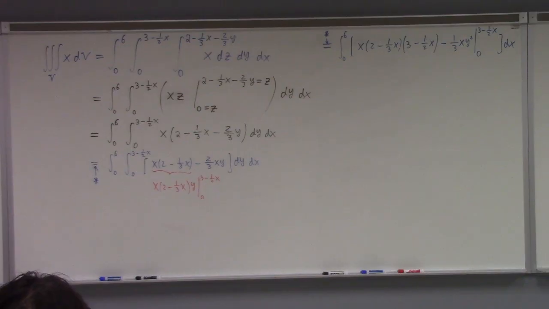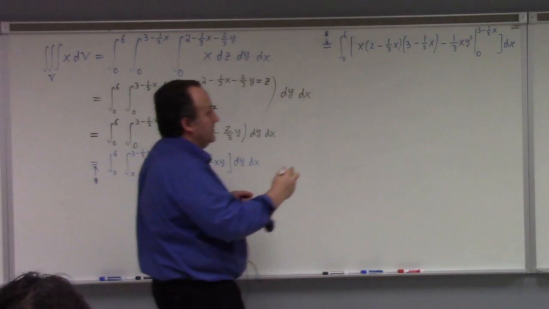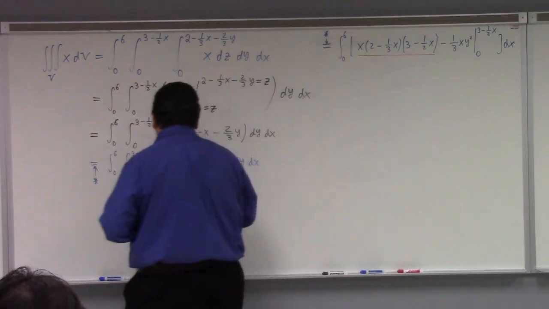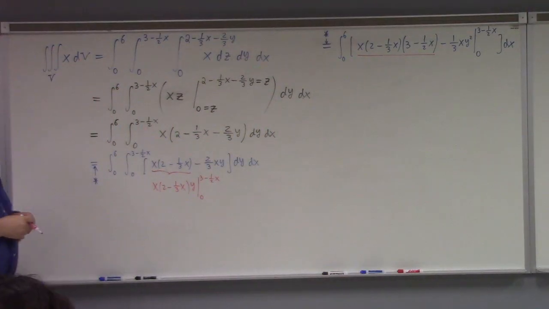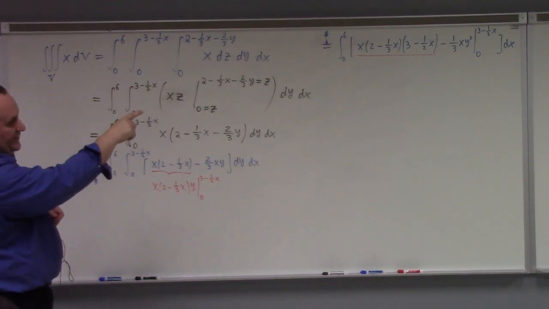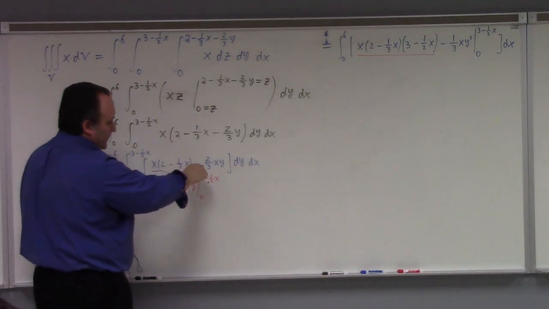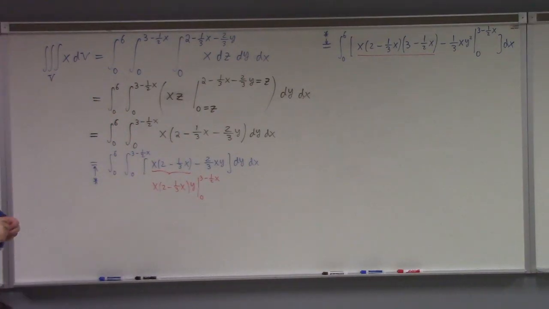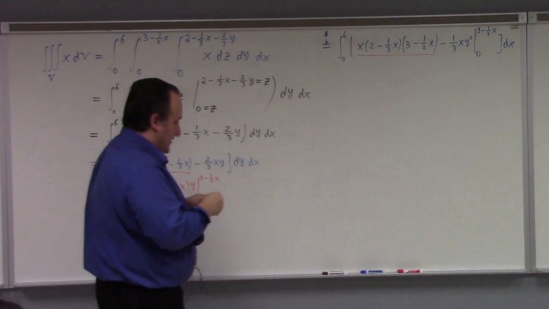So that's why I wrote down what I wrote down up here. Now the other part I need to think through, because there I had to anti-differentiate y to 1/2 y squared. The 1/2 and the 2 cancel, leaving me 1/3 xy squared. Now let's continue.